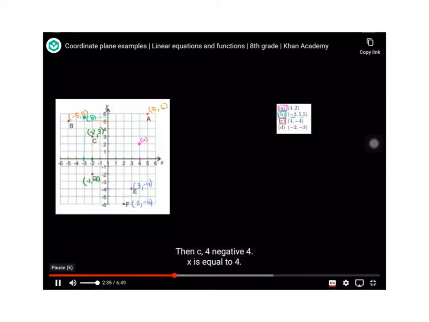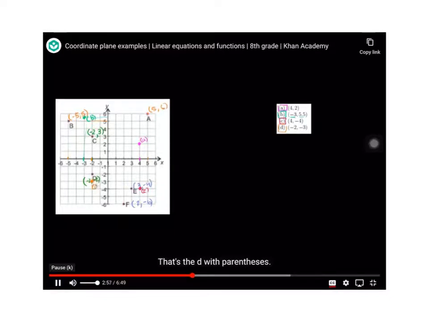Then C. 4, negative 4. X is equal to 4. Y is equal to negative 4. Right over there. And then one last one. I'll do it in orange. D. X is negative 2. Y is negative 3. Right there.